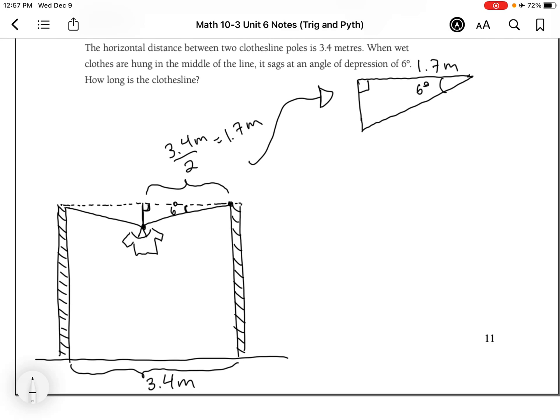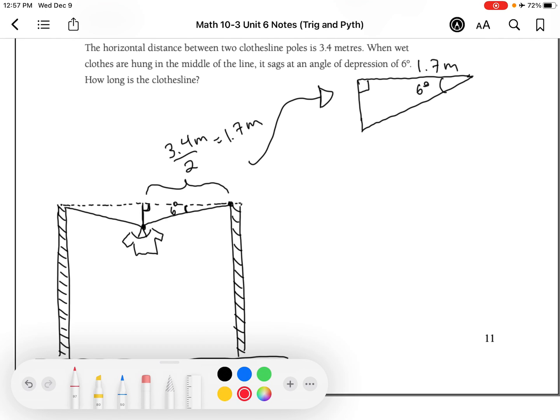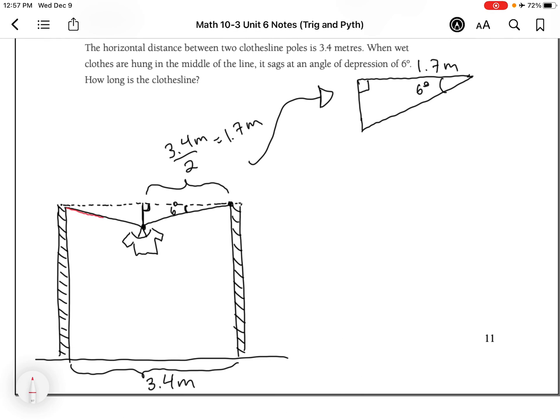Okay, now what we're being asked for is the length of the clothesline. That would be the length of this entire thing. So maybe I'll switch colors so that I can just draw it in here. We're being asked for the length of this, what I'm doing in red. Now, how can we find that?